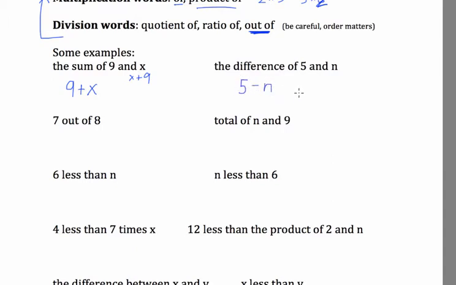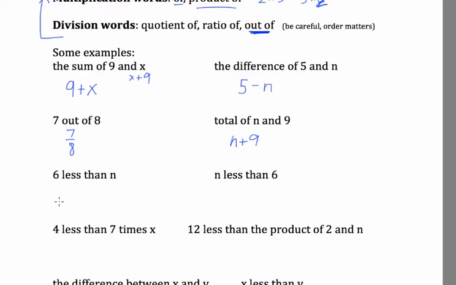The order matters there. You can't do n minus 5. 7 out of 8. Out of means divide. 7 divided by 8, or 7/8 as a fraction. The total of n and 9. Total means add, n plus 9 or 9 plus n.